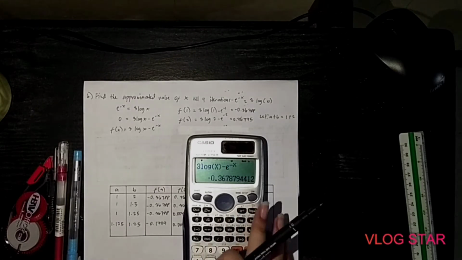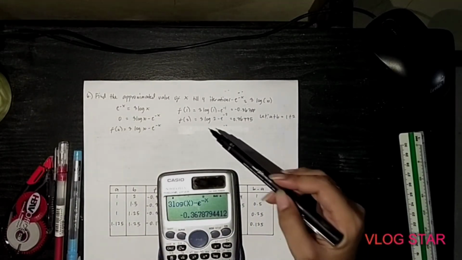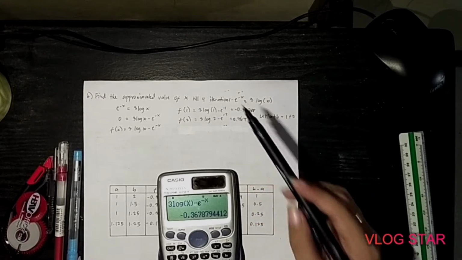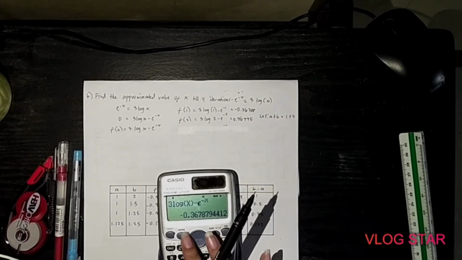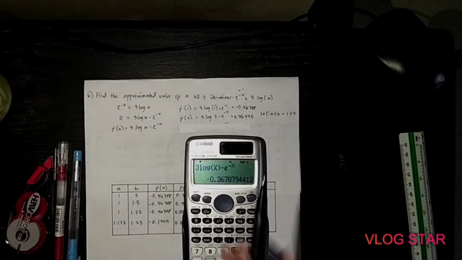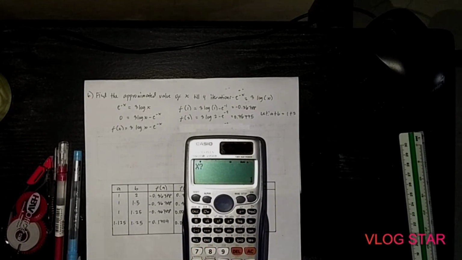The second one is number 2. Let's substitute the number 2 to the x values of the function. So again, calc and 2, enter.